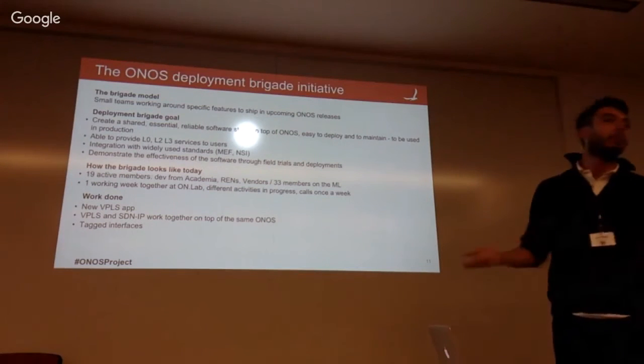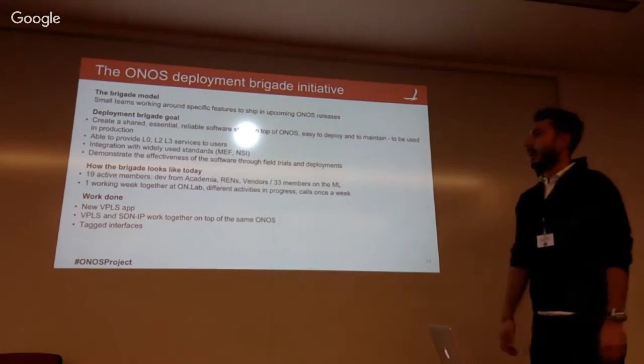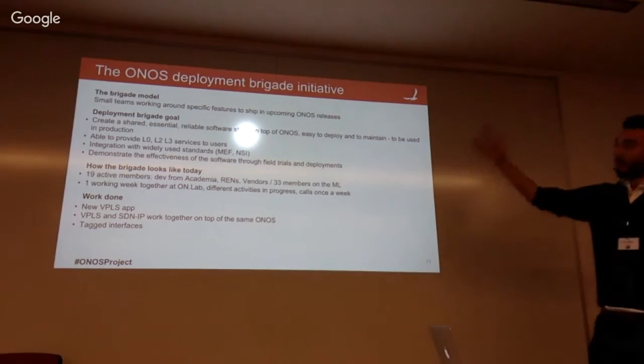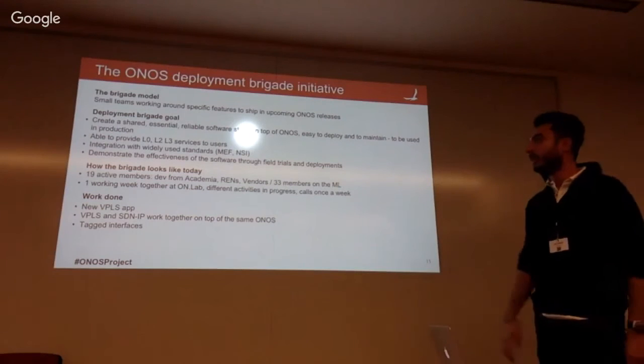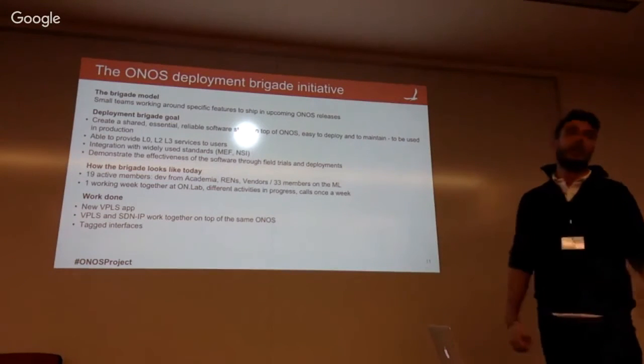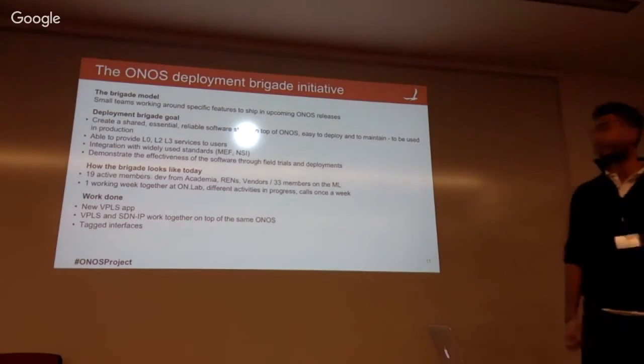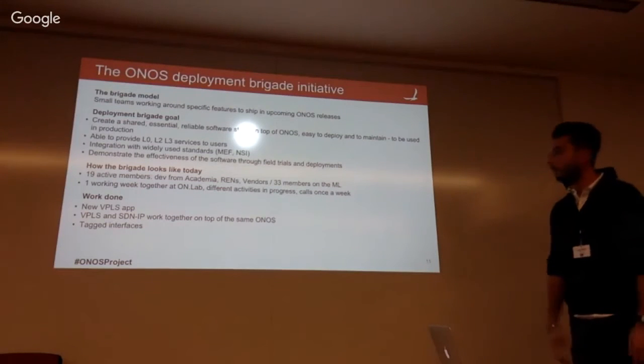So to be deployed, of course. Minimal set of features means layer 0, layer 2, layer 3 services to users, integration with widely used standards, and, as I said, deploying these in field trials, demos, but also in production.